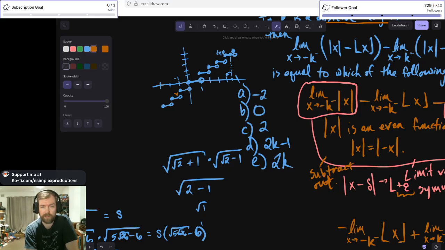So we would get a -2. Whereas if x is approaching k, which again is 1, from the negative side, we end up with a 0.